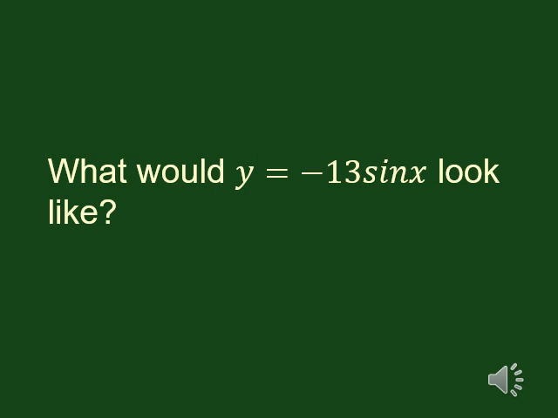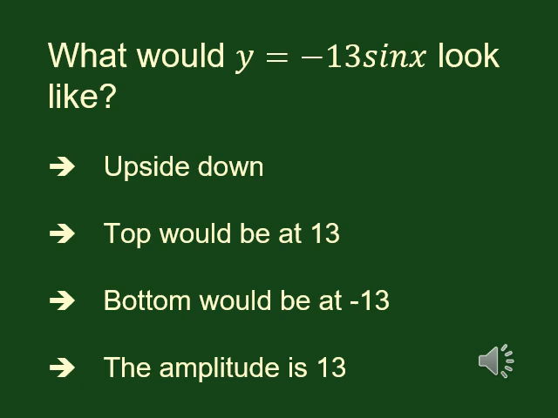So think for a minute what y equals -13 sine x would look like. And the first thing to realize about it is that it's upside down because of the negative. Now it's not going to start at the bottom, it'll still start in the middle like every sine graph was, but it's going to go down first and then back up.